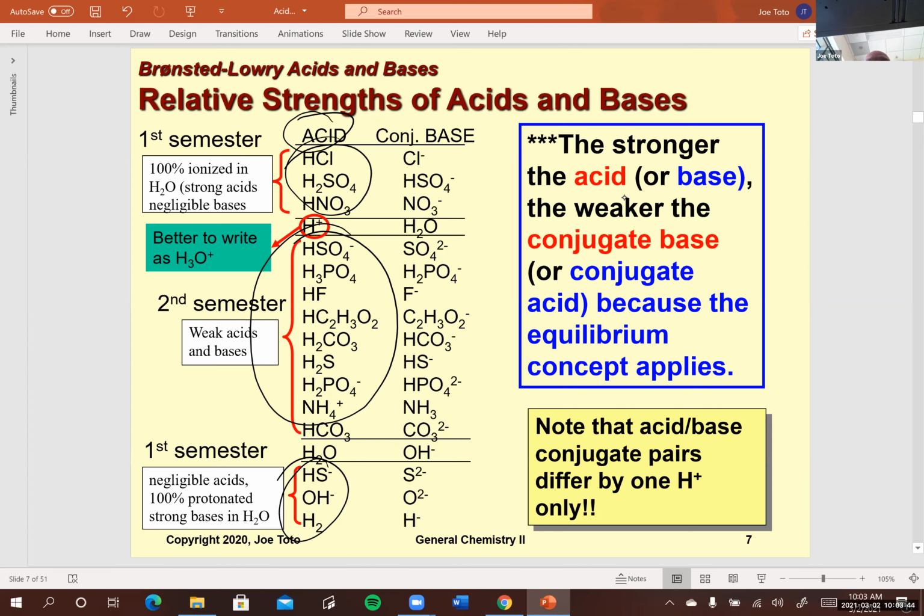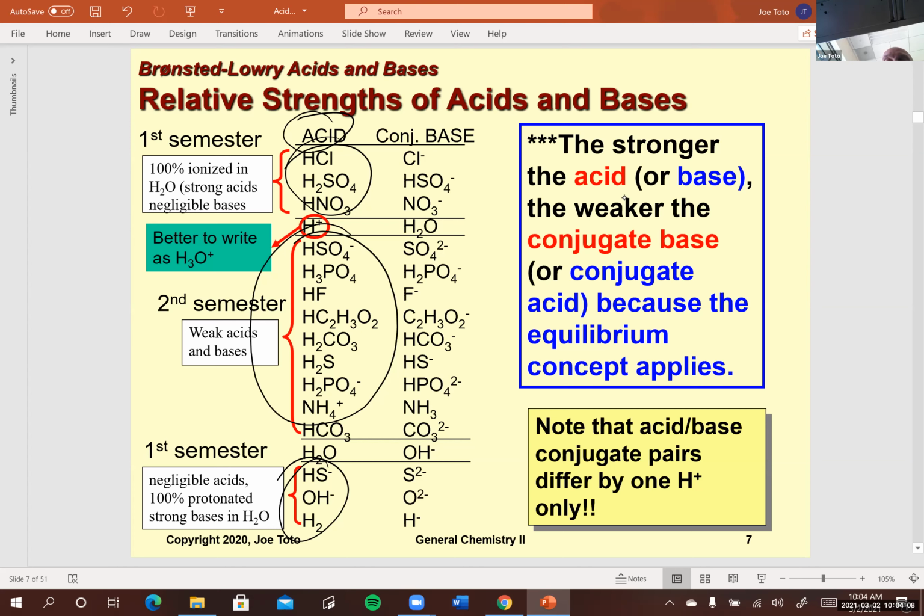Also in this list, I have conjugate base. So I see that the conjugate base differs from the weak acid by 1 proton. So an H plus is gone from the acid, and I've created the conjugate base. So you'll see that a lot of these guys are negatively charged.